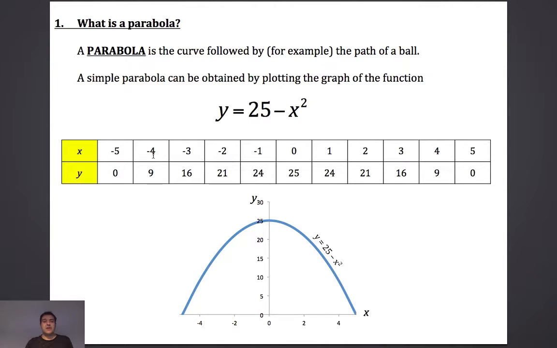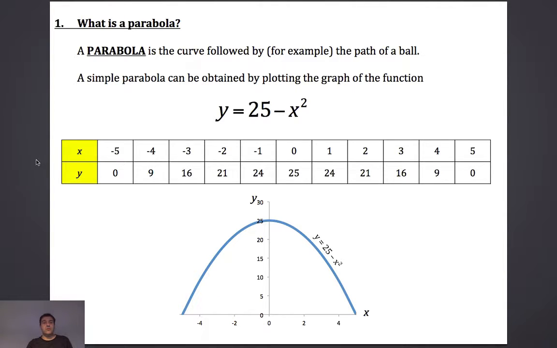If you do a table of values, different values of x from -5 to +5, and then you work out what y is according to that rule. So for example, when x is 4, y would be 25 minus 4 squared, which is 25 minus 16, which is 9.